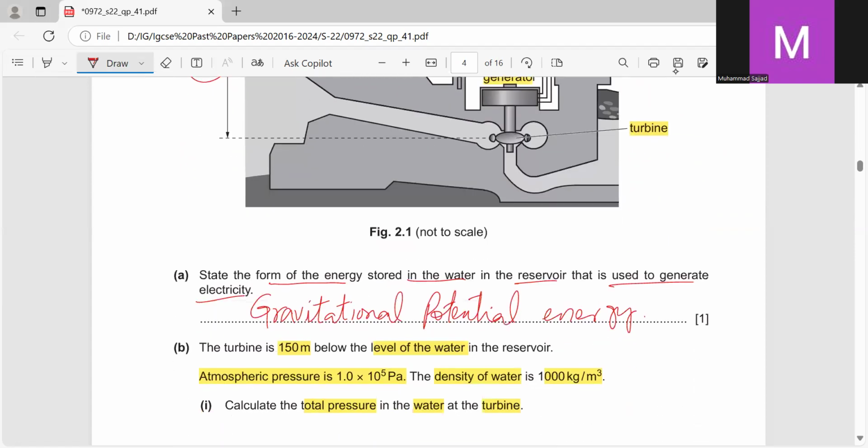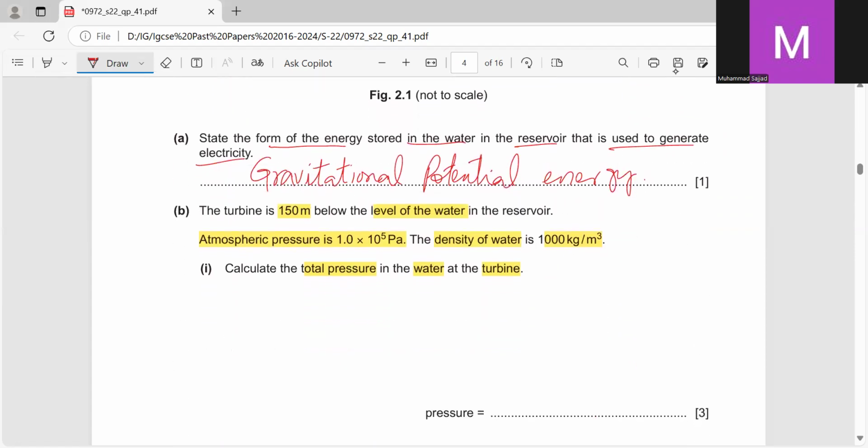So I'm going to write the total pressure, P total, is equal to pressure of the liquid plus the pressure of the atmosphere. Pressure of the liquid is rho g h, which means rho for density times g, acceleration due to gravity, and h is for height, the depth, plus atmospheric pressure.